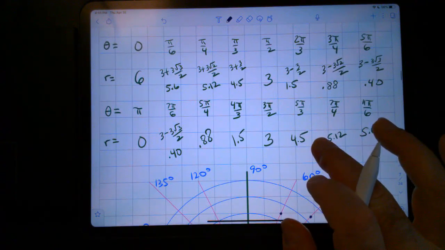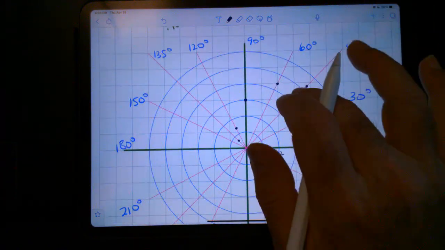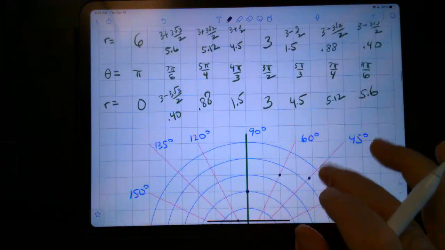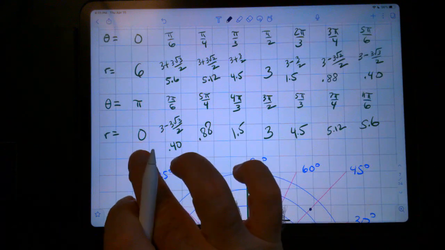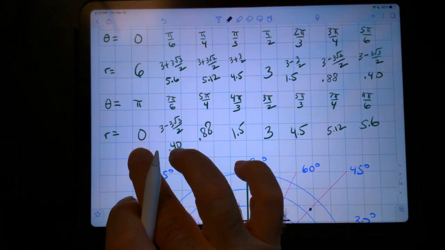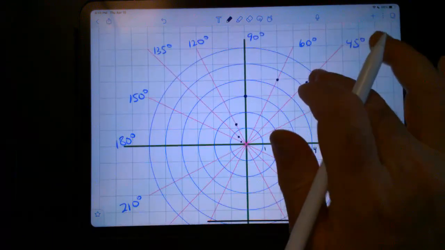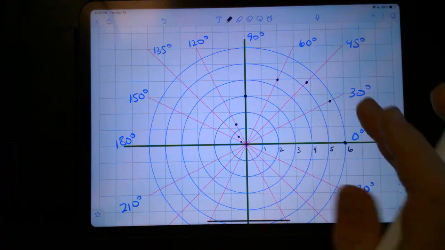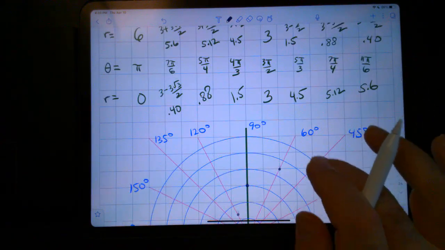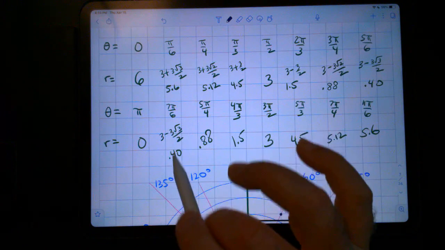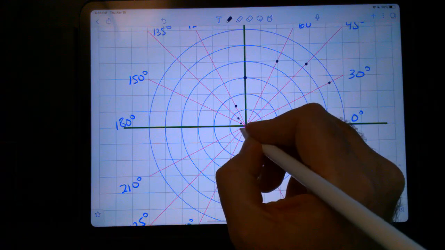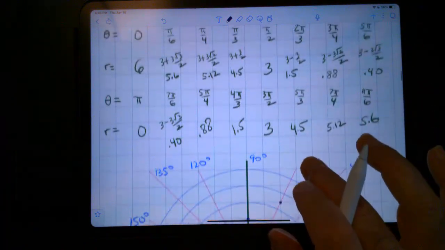When theta is 5 pi over 6, r is 0.4. And when theta is pi, r is 0, the origin. When theta is 7 pi over 6, r is 0.4. When theta is 5 pi over 4, r is 0.88.